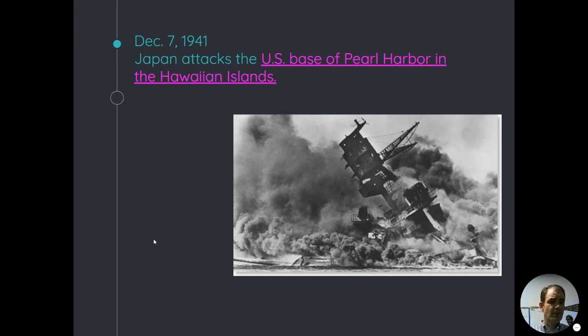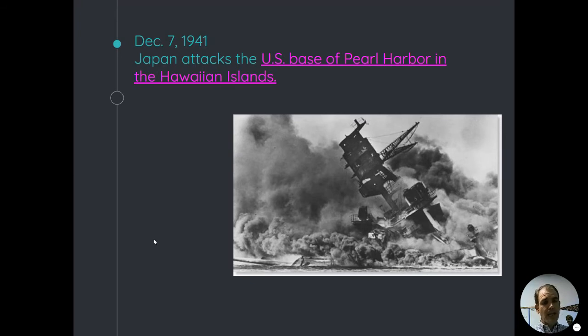What Japan saw it as was an attack that would stop us from eventually attacking them. So it was this defensive move by this offensive attack. Japan was concerned because Pearl Harbor was close enough for attacks from the United States to be staged out of for Japan, and so they attacked Pearl Harbor.